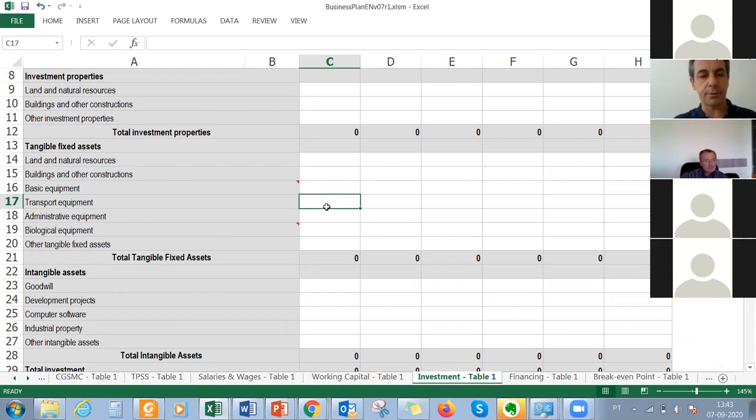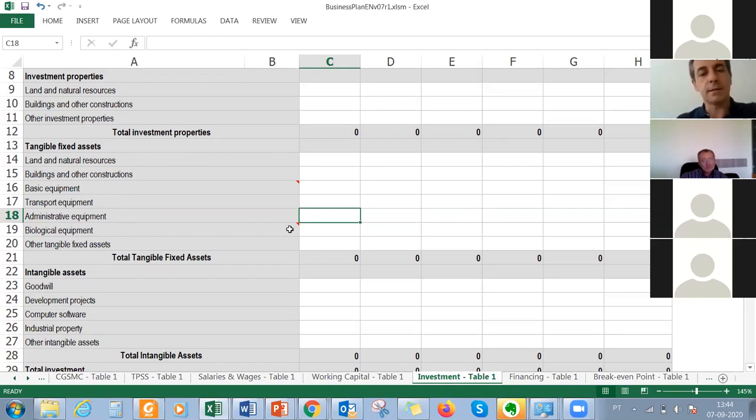We need transport equipment, we need some administrative equipment. So maybe in another document, you have to list the investment needs for production, for distribution, for storage, for a sales office.